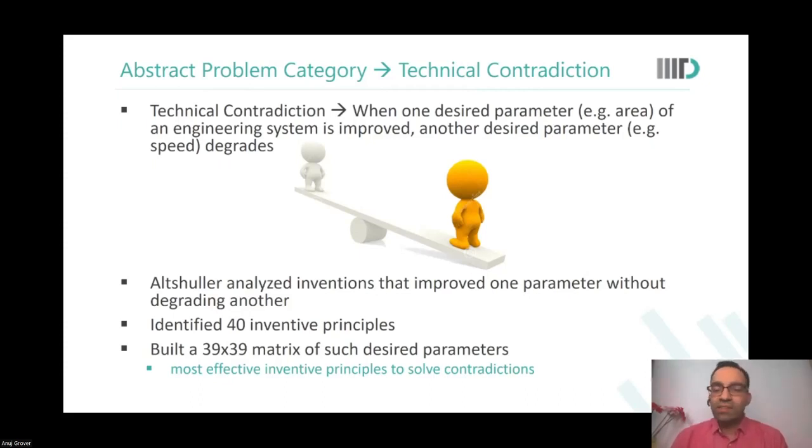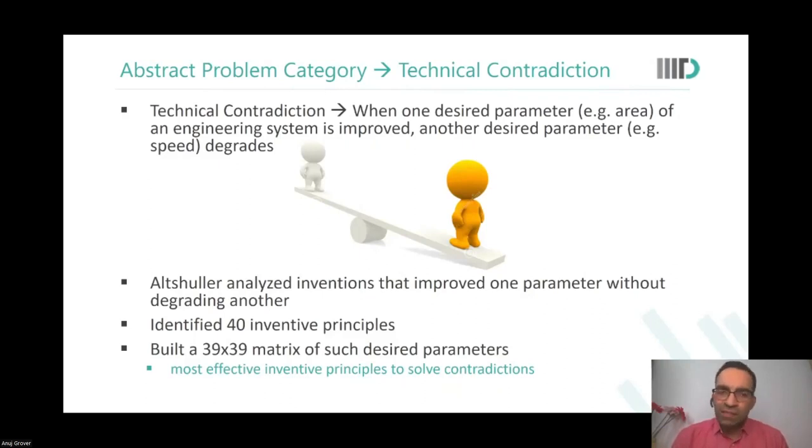By using these inventive principles, we could bring in other parameters which we were otherwise ignoring. For example, stability, or accuracy, or power, or throughput. So there could be something else which we could trade off, which is not really that desired a parameter as of now in the system.